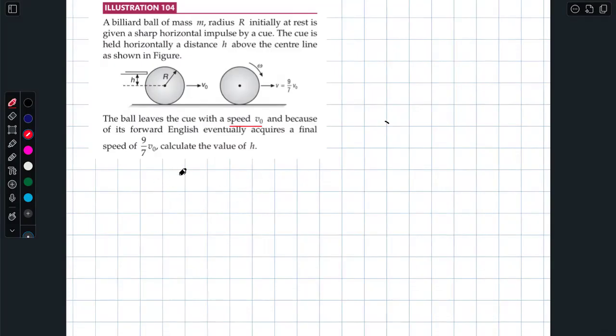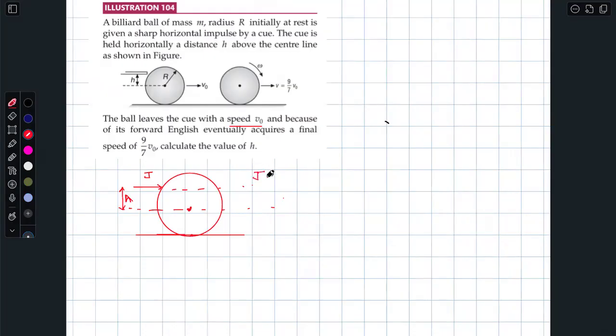Right. Now see, here friction has nothing to do. So the moment you give impulse, there won't be any friction impulse here.